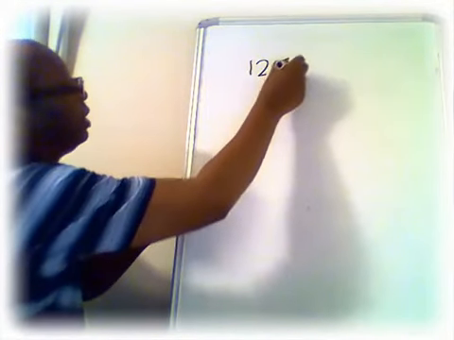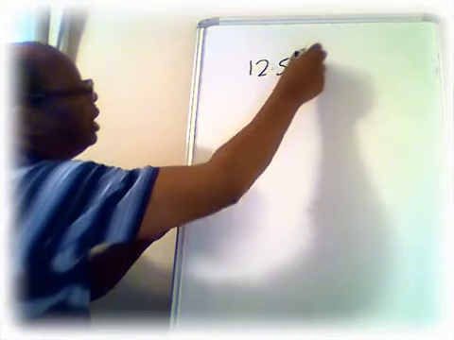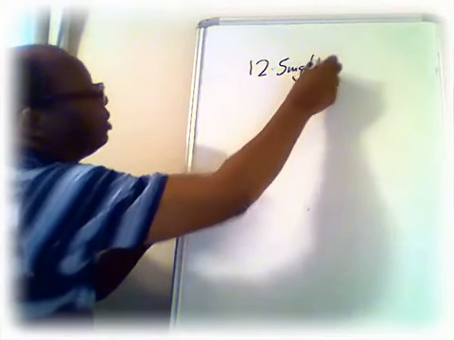The first question says, a patient is prescribed erythromycin 12.5 milligram per kilogram body weight.